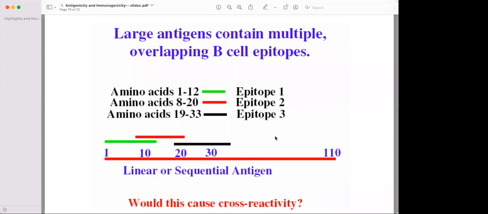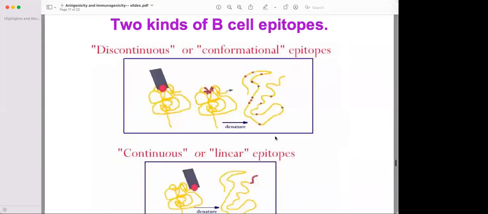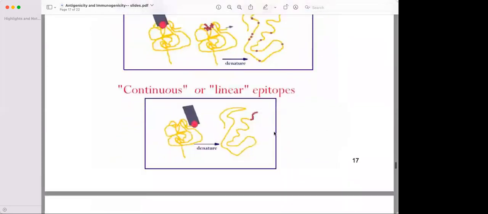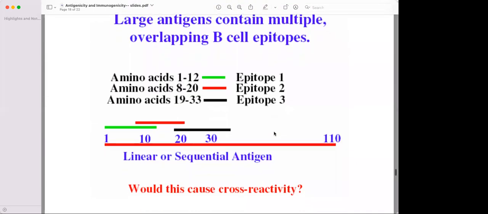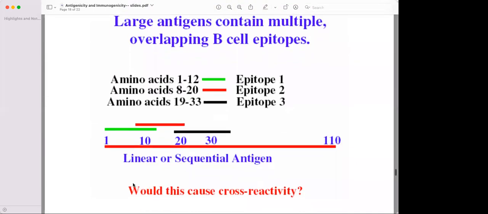So let's look at these linear or sequential antigens. We have talked about linear epitopes which are formed here. We have these antigens of the Ebola virus, which is well sequenced and could be traced to have amino acids 1 up to 110. If epitope 1 has amino acids running from 1 up to 12, very nice.